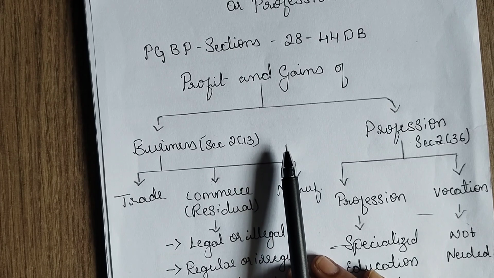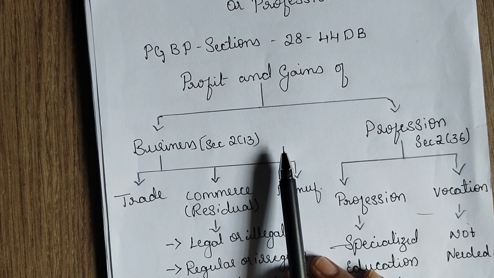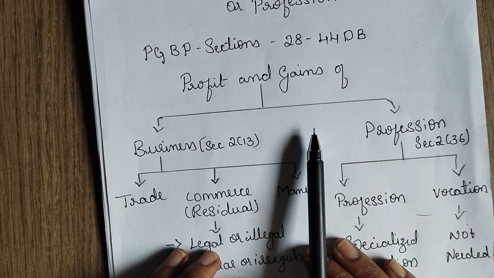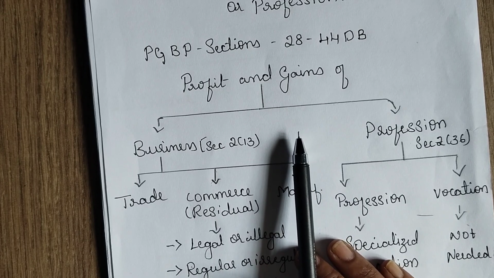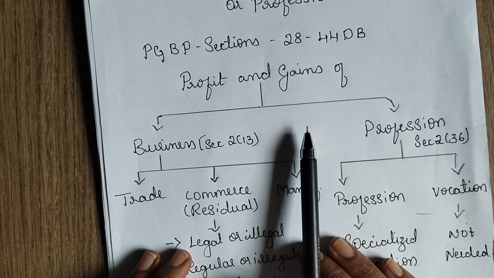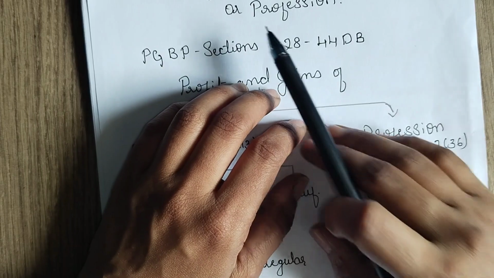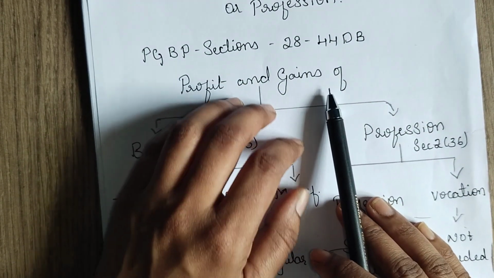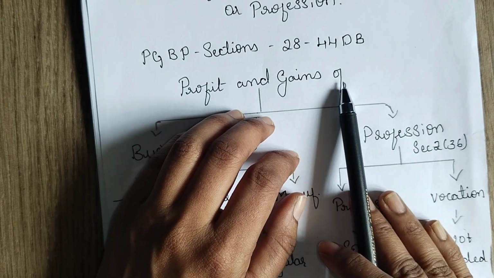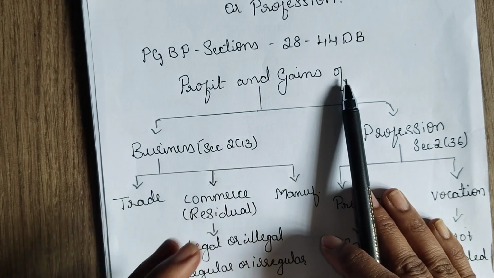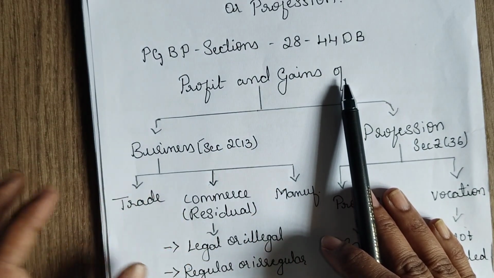When you find out the taxable business income, you have to find out the actual profit of the business, because some of the expenses which are disallowed under income tax will be debited to the profit and loss account, and some of the incomes which are not covered under the head of profit and gain are also credited to the profit and loss account. So we want to find out the exact business income.